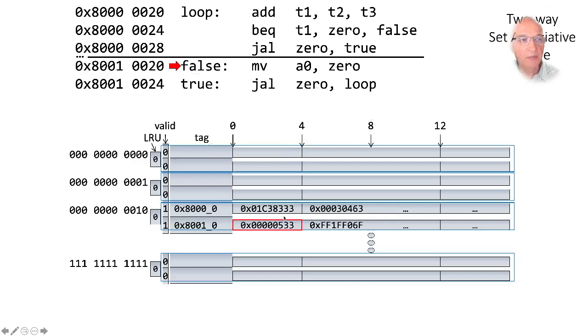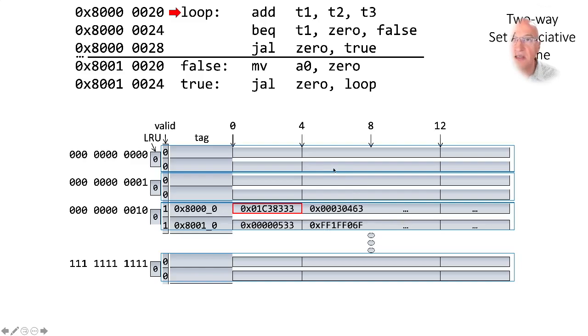So then I provide the code for that instruction to the processor, and when I execute the jaw instruction, that's a hit. And then when I move back to the loop and I access the loop, I also have a hit because I have not overwritten that block.